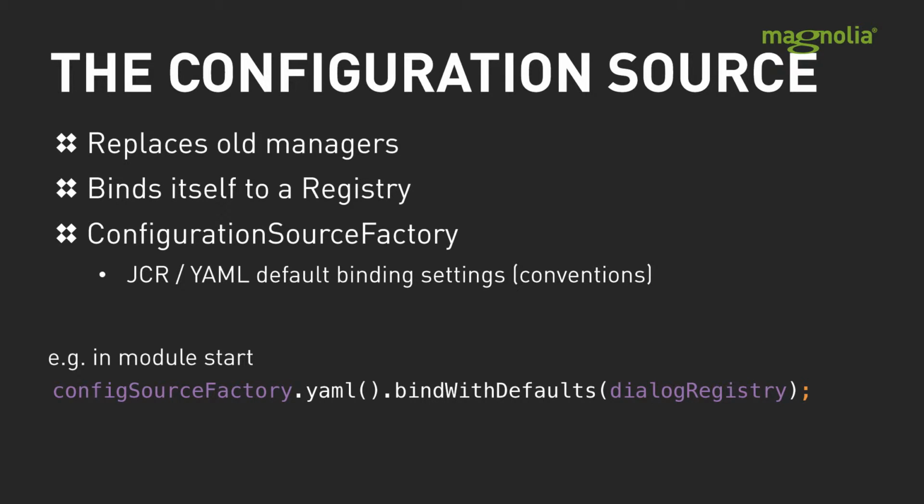Now, how does that fit with the configuration sources? Well, as I said before, they replace the old managers, and basically they're binding themselves to registries. For that we have a configuration source factory. No need to go into too much detail there, but basically we have some good defaults, some conventions to find the proper definitions in JCR or in YAML.